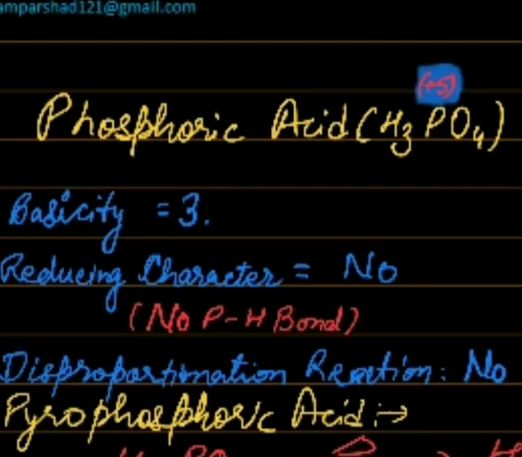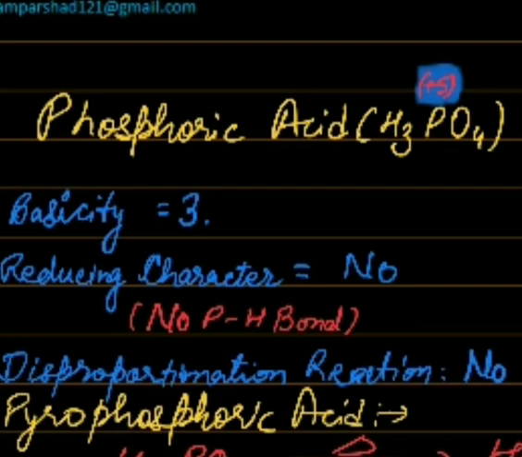So it is not a reducing acid, but it is an oxidizing acid. Phosphoric acid does not exhibit any disproportionation reaction because it is already in the highest oxidation state, so it cannot increase its oxidation state beyond 5.